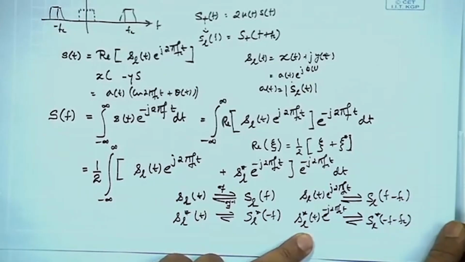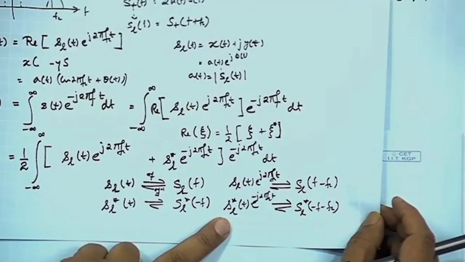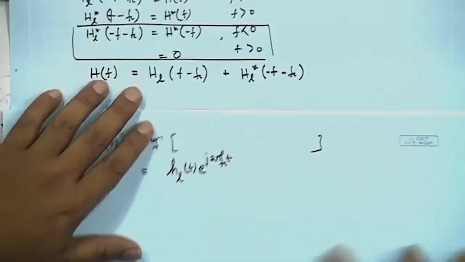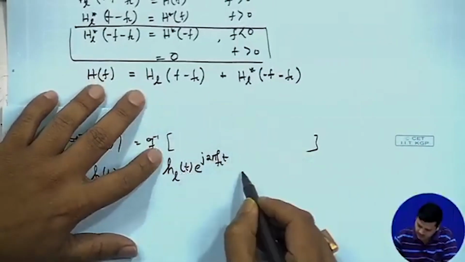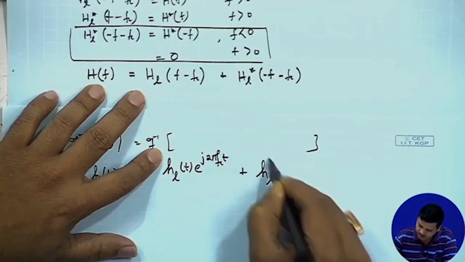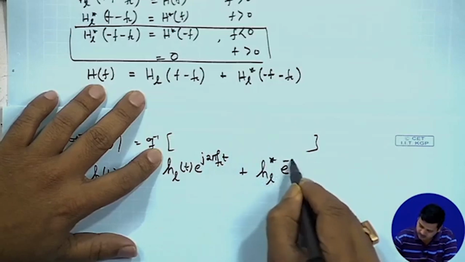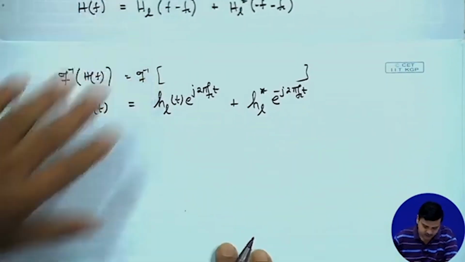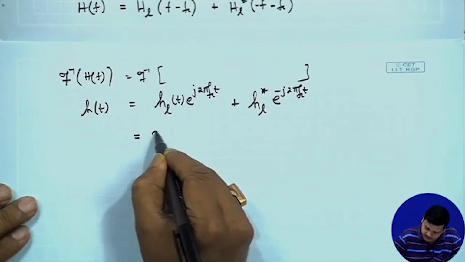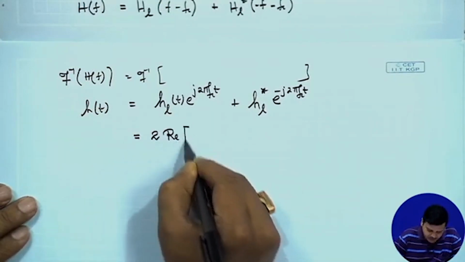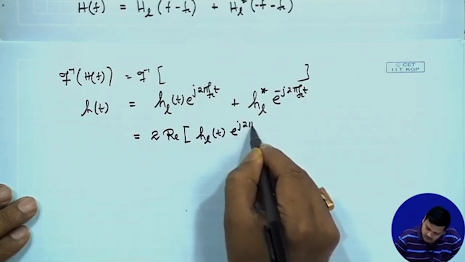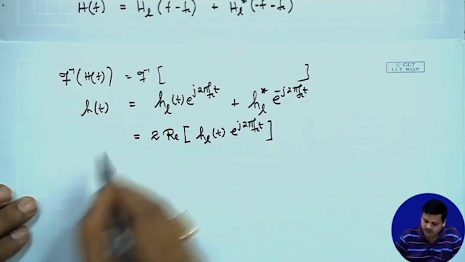So, using the same relationships that we have represented here, we can actually carry forward here, and we can say that this is here, and similarly this one will be h_L conjugate e to the power of minus j 2 pi f_c t, and hence it is clear that you could write this as 2 times the real part of h_L of t e to the power of j 2 pi f_c t.